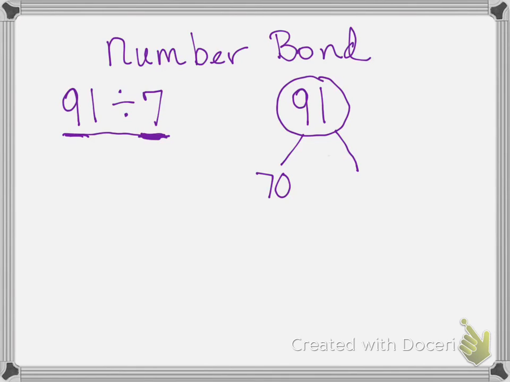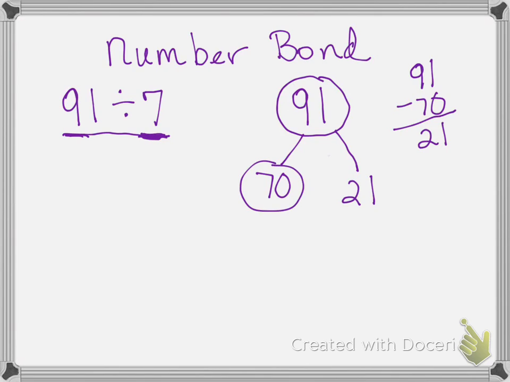So now we need to subtract. What would be over here? Take 91 minus 70, and you're left with 21 on this side. So 70 plus 21 is 91. And if we continue to show the division, 70 divided by 7 is 10.